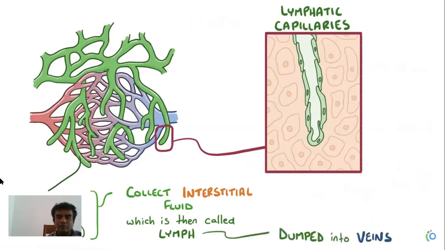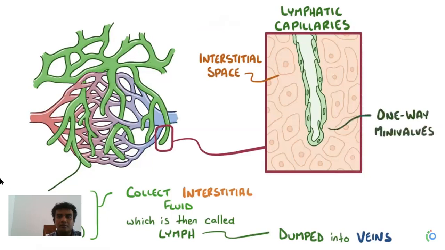Lymphatic capillaries are the smallest lymphatic vessels, and they're located throughout the interstitial space. Lymphatic capillaries are extremely permeable because their walls are made of endothelial cells that only loosely overlap, forming one-way mini valves. These endothelial cells are anchored to structures in the interstitial space by collagen filaments, which allows the lymphatic capillaries to stay flexible but retain their overall shape.